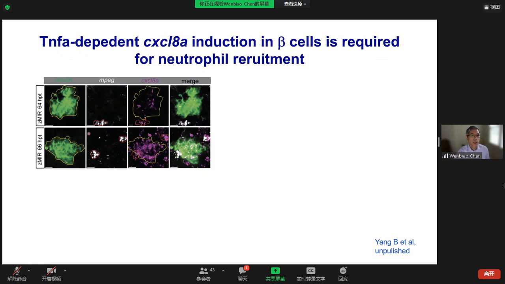But once macrophages come in, we see a significant increase in CXCL8 expression in the beta cells. And we found that this induction requires TNF-alpha, and also the other genes that we mentioned already.